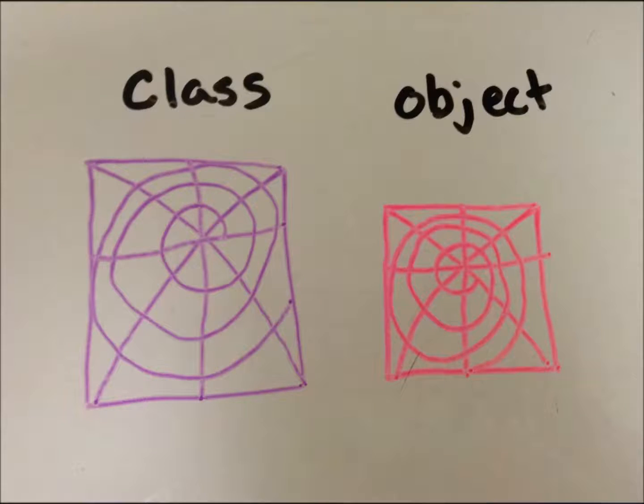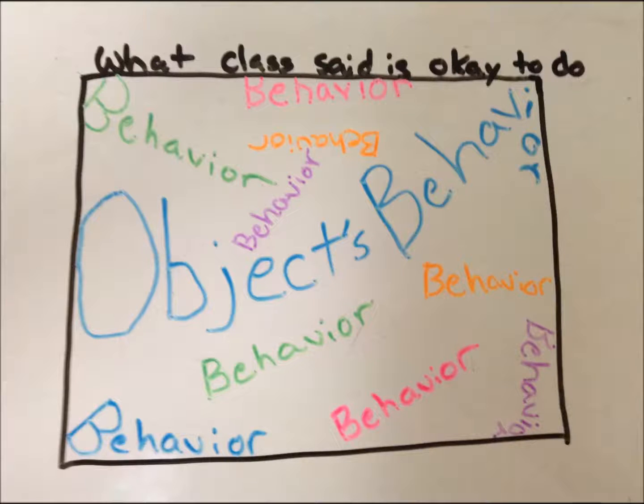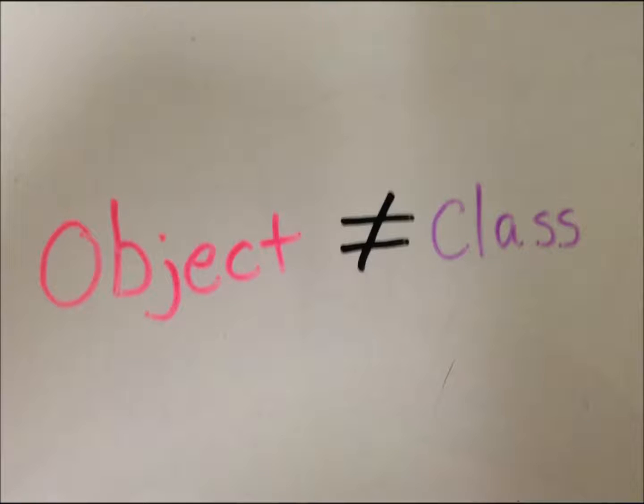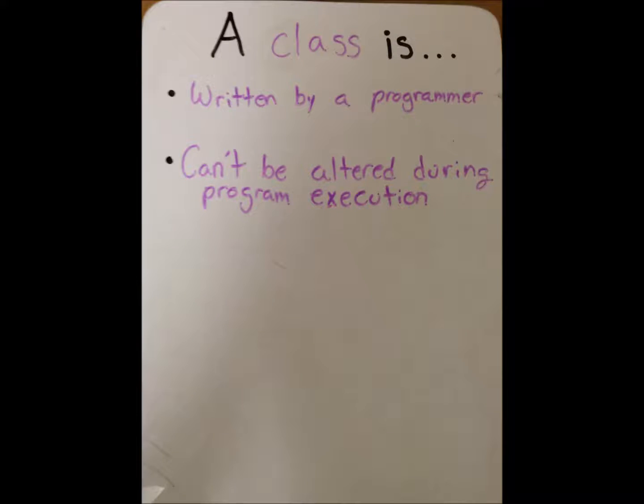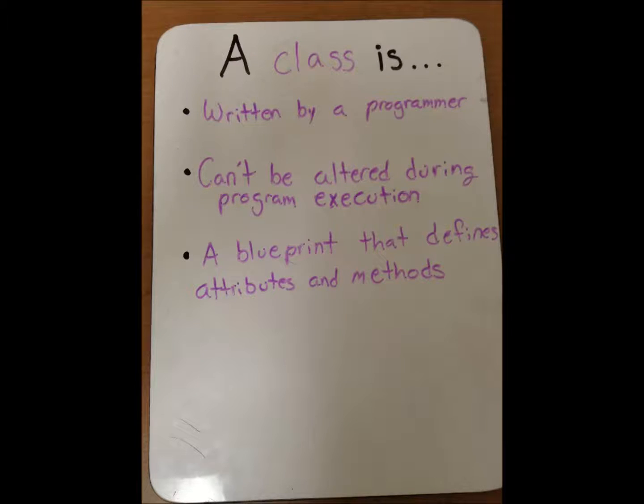An object is closely associated with the class it belongs to. An object has attributes as defined by its class. The object's behavior is restricted by the methods that are included within its class, like when your parents set rules and curfews for you. There are significant differences between objects and classes. A class is written by a programmer, cannot be altered during program execution, and is a blueprint that defines attributes and methods.